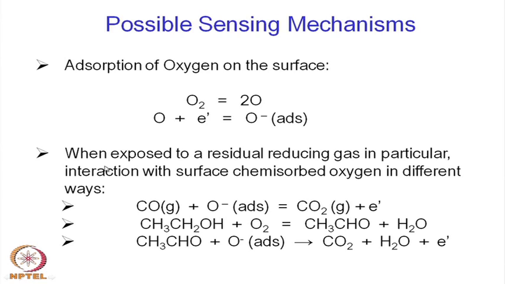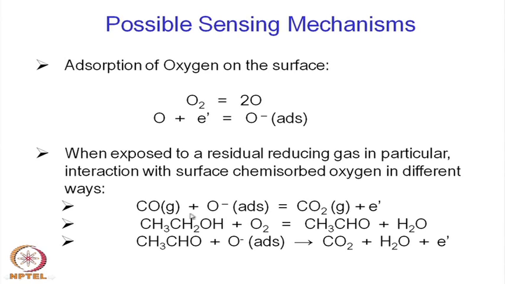Now, this oxygen layer, when exposed to a residual reducing gas in particular, interacts with the surface chemisorbed oxygen ion in different ways. Let us say we have a gas like carbon monoxide, which is a reducing gas, in the environment.